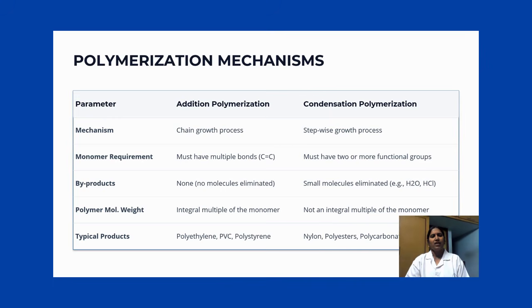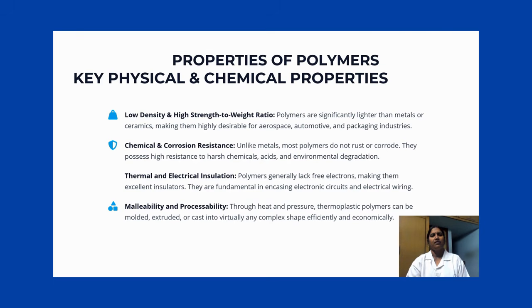Typical products are polyethylene, polyvinyl chloride, polystyrene, etc. Polymers formed by condensation polymerization follow a stepwise growth process. The monomers have two or more functional groups, and small molecules such as water and hydrochloric acid are eliminated by this reaction. The molecular weight is not an integral multiple of the monomer. Examples: nylon, polyesters and polycarbonates.